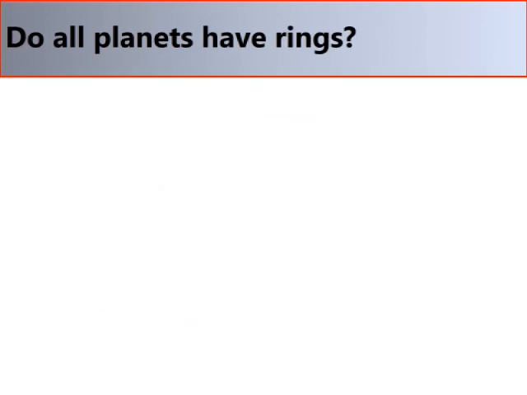So the next question, do all planets have rings? Now, I know we all know that Saturn has those amazing rings, but what about any other planets? Well, surprisingly, yes, all the outer planets have rings. Now, I wasn't able to show you them in Celestia, they're not included there, but they do all have rings.